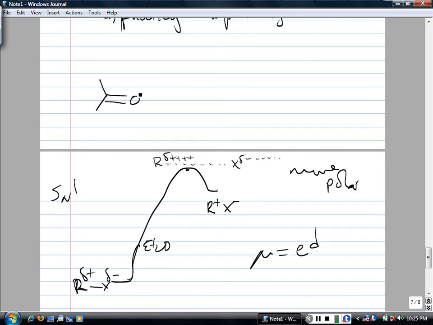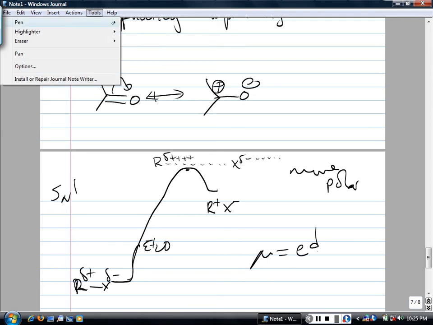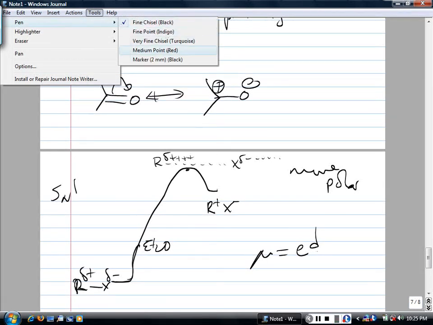Acetone is a very polar solvent, not only because I have a carbon-oxygen bond, but I've got a resonance form that looks like this, and that accentuates the polarity of acetone. So let's run the reaction instead in acetone. What happens? Acetone is polar, so acetone will stabilize the ground state of my reaction. So I'm going to take my pen now, and I'm going to make my pen red.